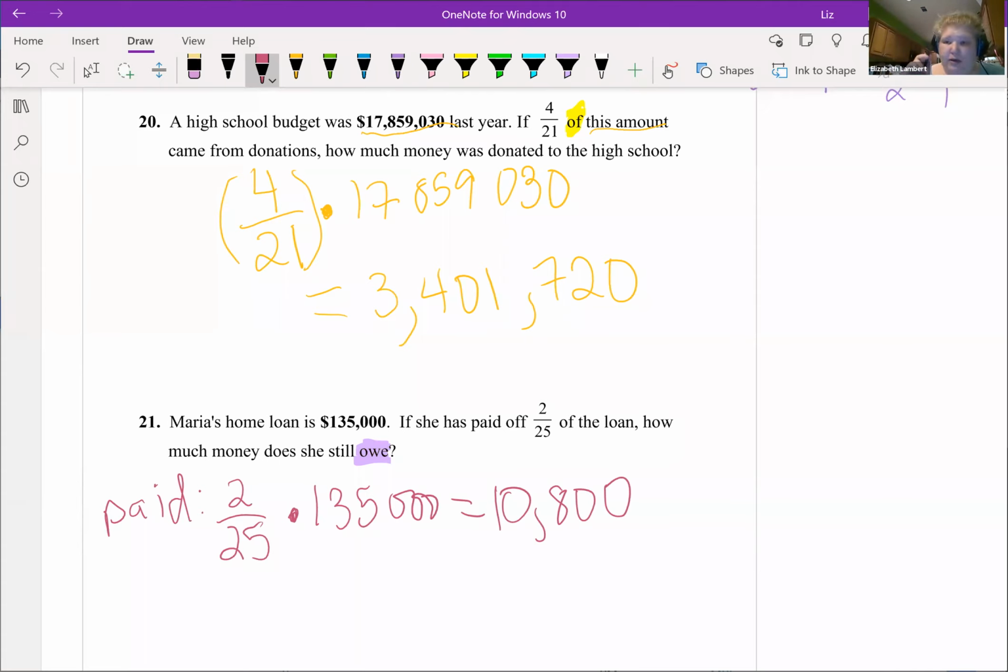She's managed to pay a little over $10,000, almost $11,000 of her 135,000. So how much does she still owe? How would I figure out what she owes? That's what she's paid. That's her total loan amount, the 135,000, and we're going to subtract off that 10,800.